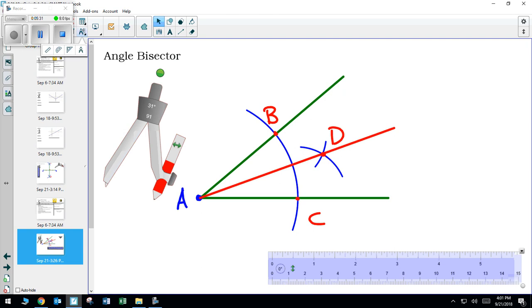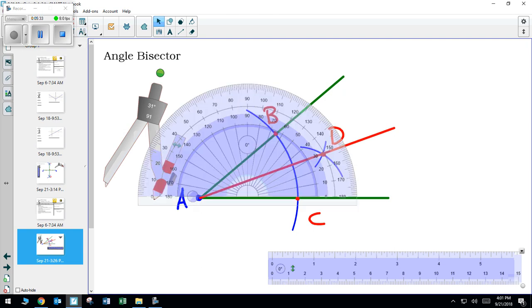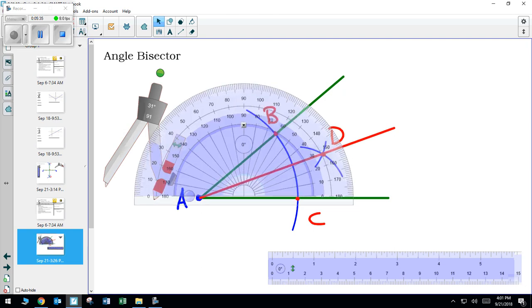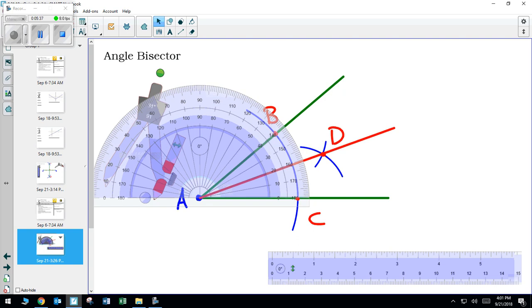And you could check this with a protractor, if you so desired, to see that my overall angle is about 40 degrees, and the bisector is at 20 degrees.